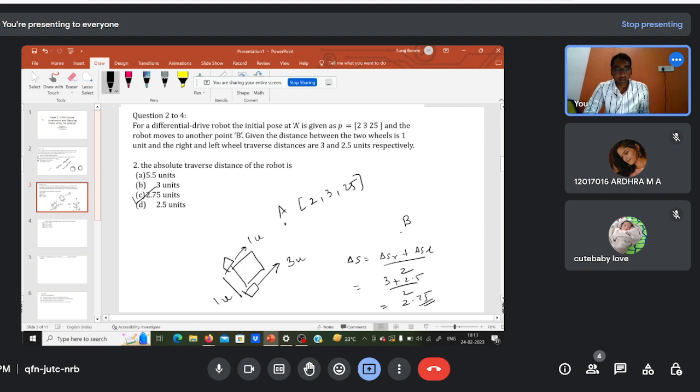If you want the intuition of the formula, you can always look at this book. All this error propagation law is well derived in Siegwart, Autonomous Mobile Robots, or Introduction to Autonomous Mobile Robots. This book has all these formulas.